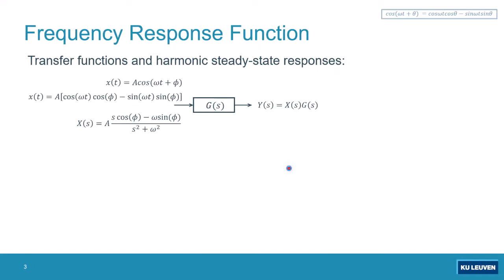Referring to the Laplace table, the Laplace of cosine omega t is equal to s over s squared plus omega squared, whereas the Laplace of sine omega t is equal to omega over s squared plus omega squared. Then x(t), the input to this system G(s), will be equal to this in the Laplace domain.